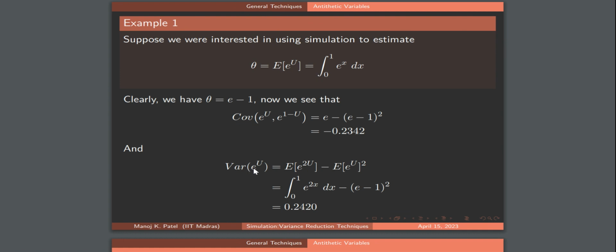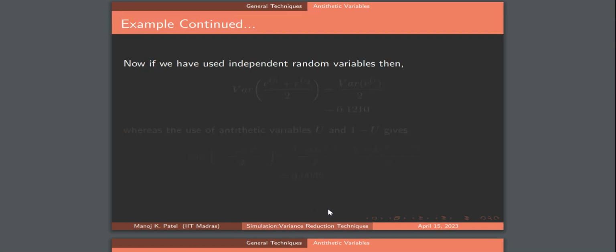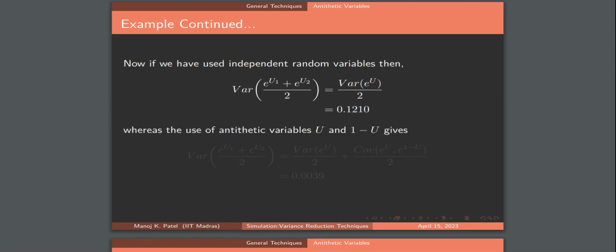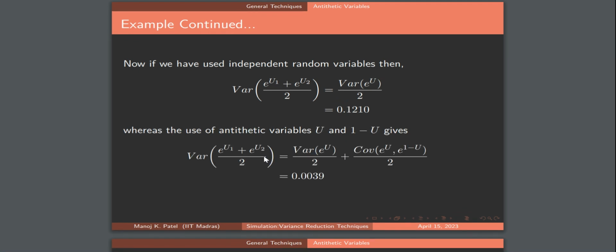Now we'll see that the variance of e^U is just 0.2420. Once we use this estimator for the mean, with U1 and U2 independent random variables, we are getting the variance at 0.1210, whereas when we use the antithetic variables U and 1 minus U, it gives us the variance at 0.0039.